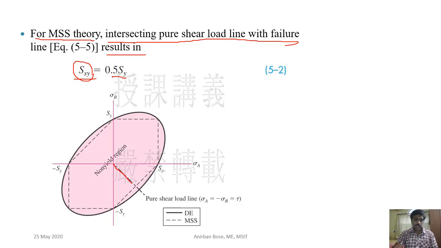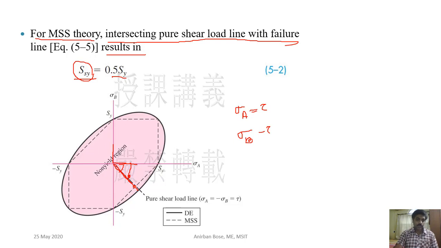You can see this is the sigma A axis and this is the sigma B axis. For pure shear, sigma A is equal to tau and sigma B is equal to minus tau. So this point is at an angle of 45 degrees. This is tau, this is minus tau. If you draw the 45 degree line, it will cut the failure line here.